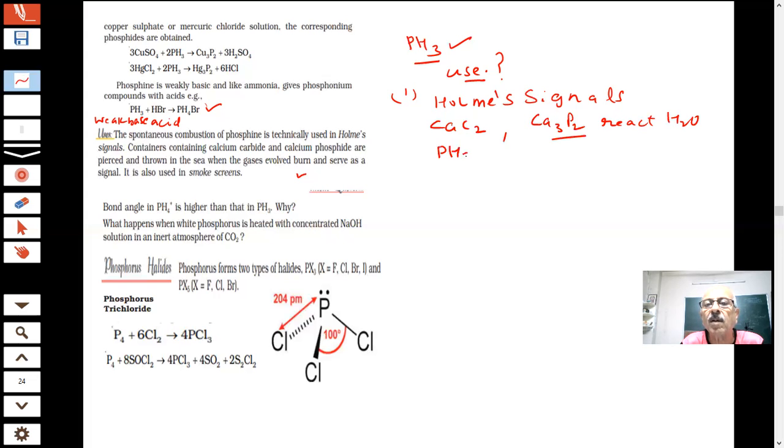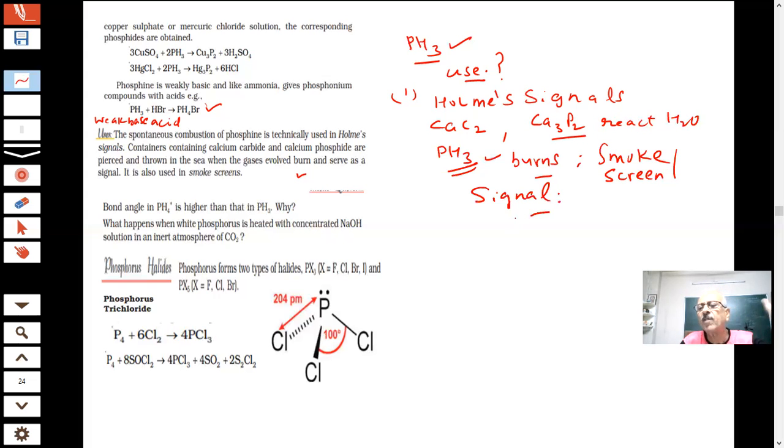PH3. We have shown the preparation of PH3. And this burns and creates smoke. They create what they call a smoke screen. So it is used as a signal in the sea for the ships.